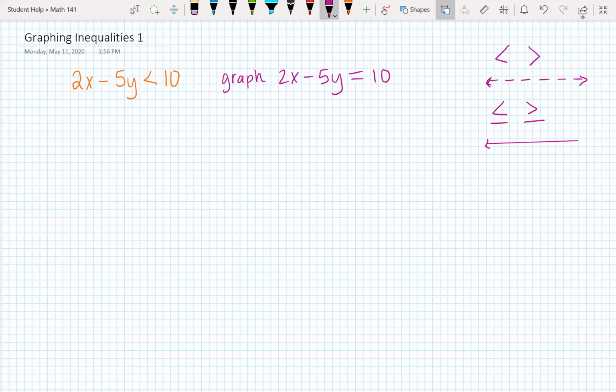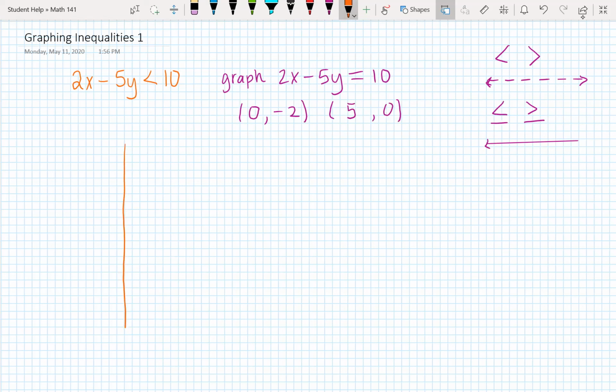I think the easiest way to graph a line in this format is to think about the x and y coordinates. So in this particular case, if x were equal to 0, then y would be equal to -2. And if y is equal to 0, then x is going to be equal to 5. So I'll use those ideas for my graph.